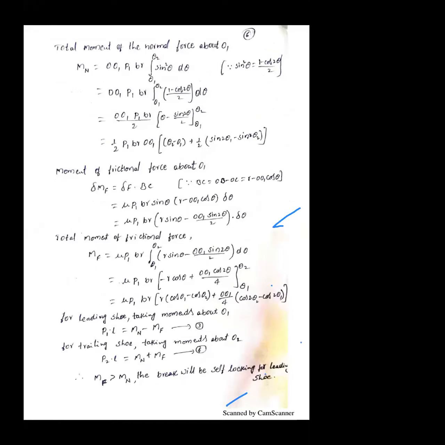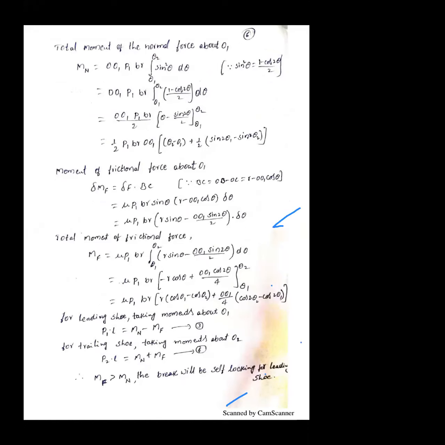Now we calculate the total moment of normal force about O1, by integrating the earlier equation. O1 is constant, P1 is constant and Br is also the same. The integrating term is sin square theta d theta.